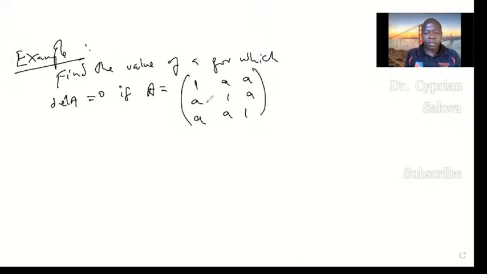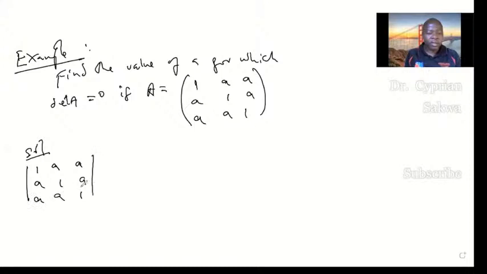So the question is, what will be the value of r so that the determinant of this matrix will be 0? Solution: let's just proceed and find the determinant of this matrix.